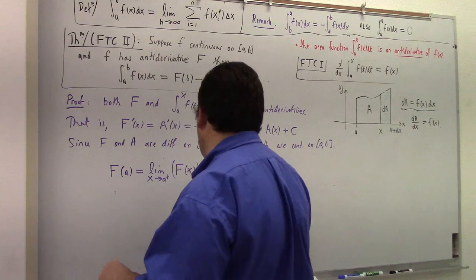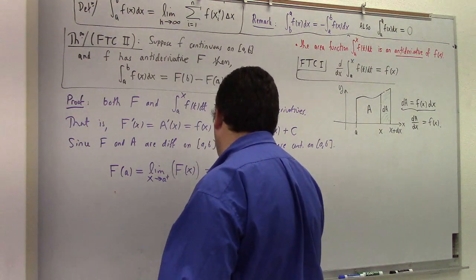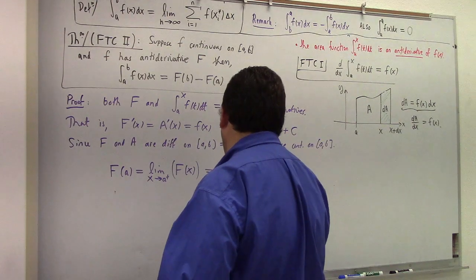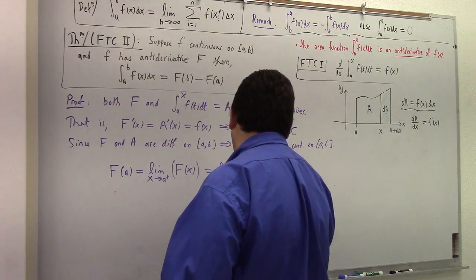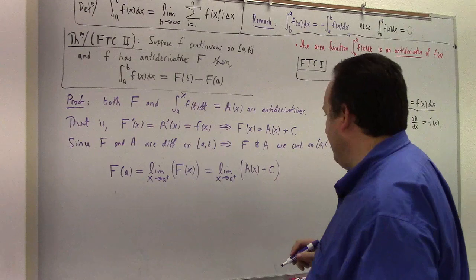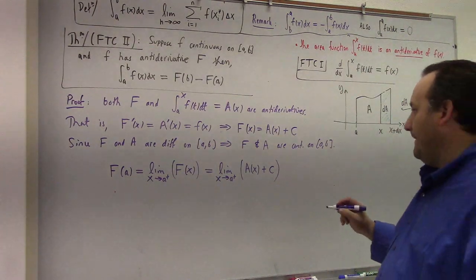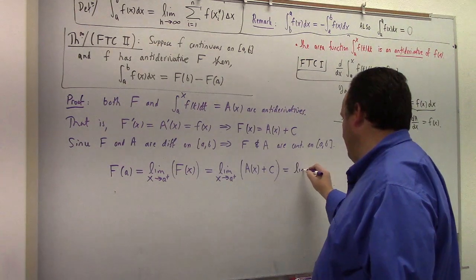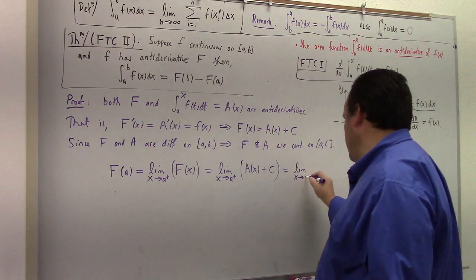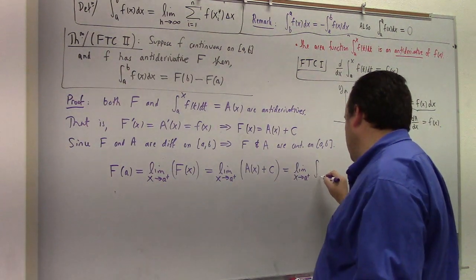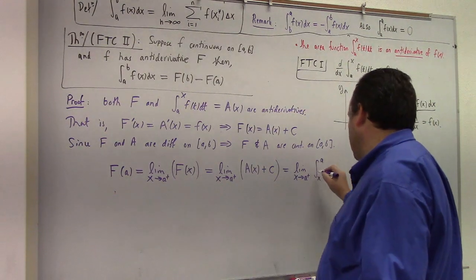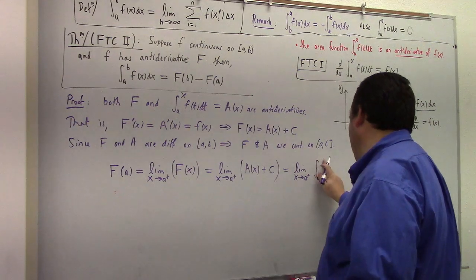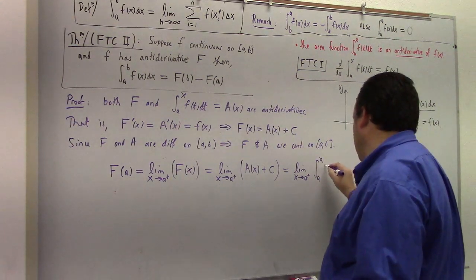That's going to be the limit as x approaches a from the right of A of x plus c. So what is that? That's the limit as x approaches a from the right of the integral from a to x of f of t dt.